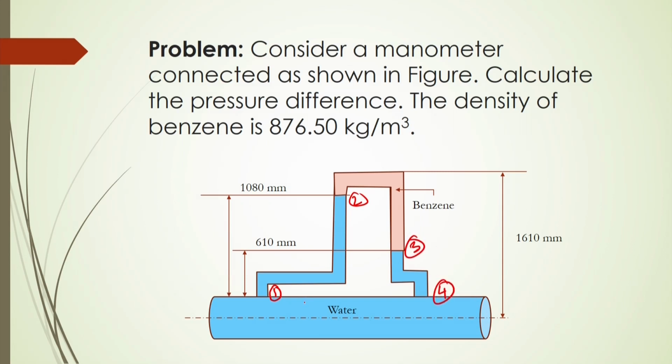What will be the pressure difference between P1 and P4? First consider P1 minus P2, then P2 minus P3, and then P3 minus P4, and after you sum it up you will get P1 minus P4. Whenever you are considering two points, you have to consider the density of the liquid in that particular leg.